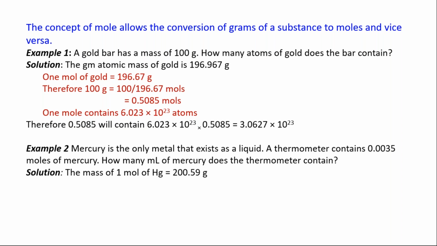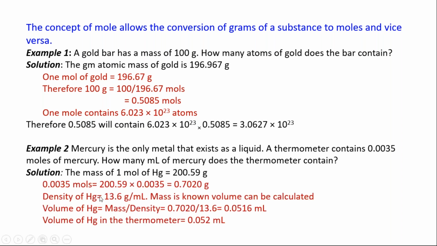So we find out the mass of the mercury. You can get the density of mercury, and we know the density is 13.6 grams per milliliter. Here you have got 0.7 grams. So volume of mercury is given by mass by density. So in the thermometer, you have got 0.052 ml or 52 microliters of mercury.